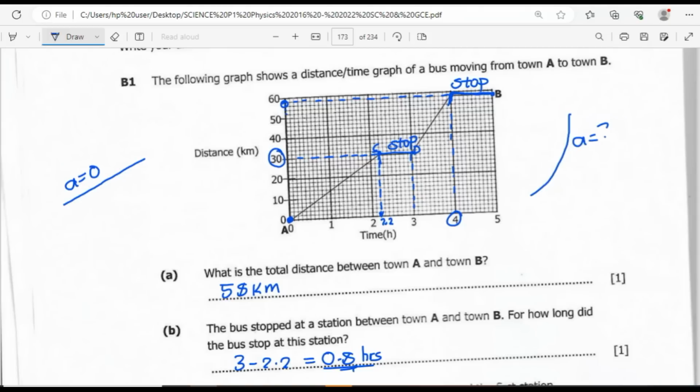If it's moving upward, the acceleration is positive. If it is bending like this, the acceleration is negative. That is the interpretation. So for you to have the acceleration under distance time graph, you need to have a curve that is not straight.